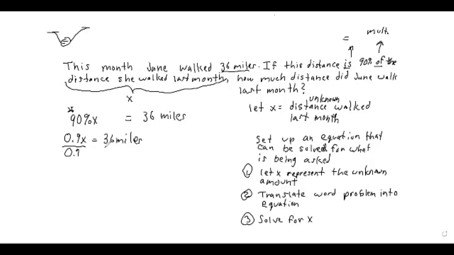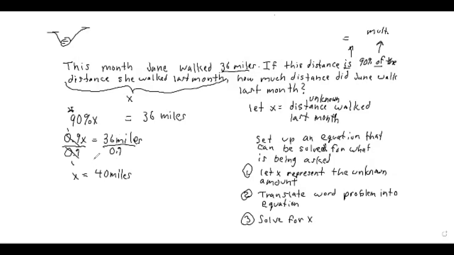We must do the same and divide by 0.9 on the other. So 0.9 times x divided by 0.9 cancels out to 1, and we just end up with x equals, and then we work out the arithmetic on the right side. 36 divided by 0.9 gives us 40 miles.